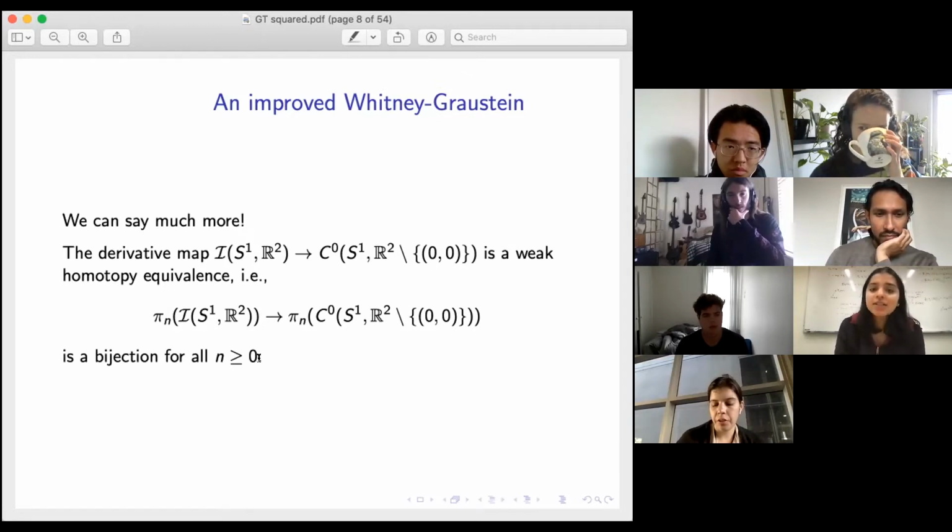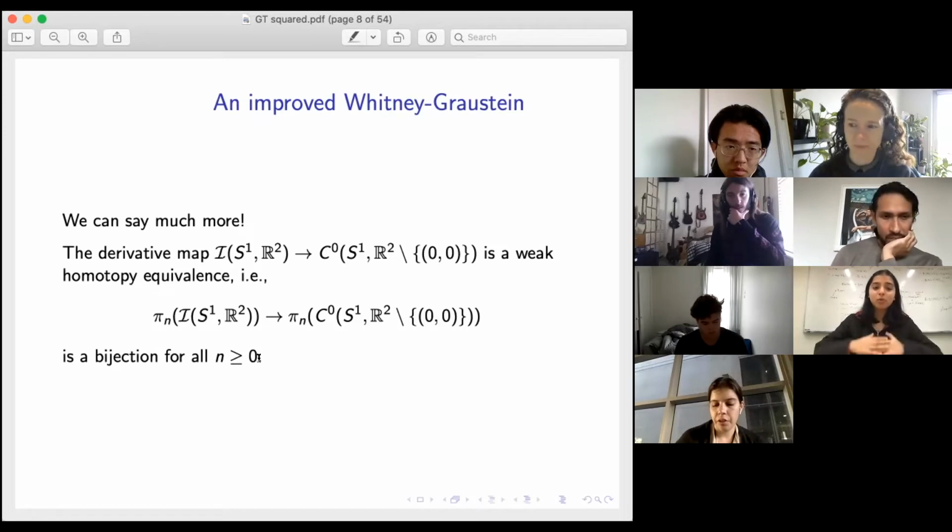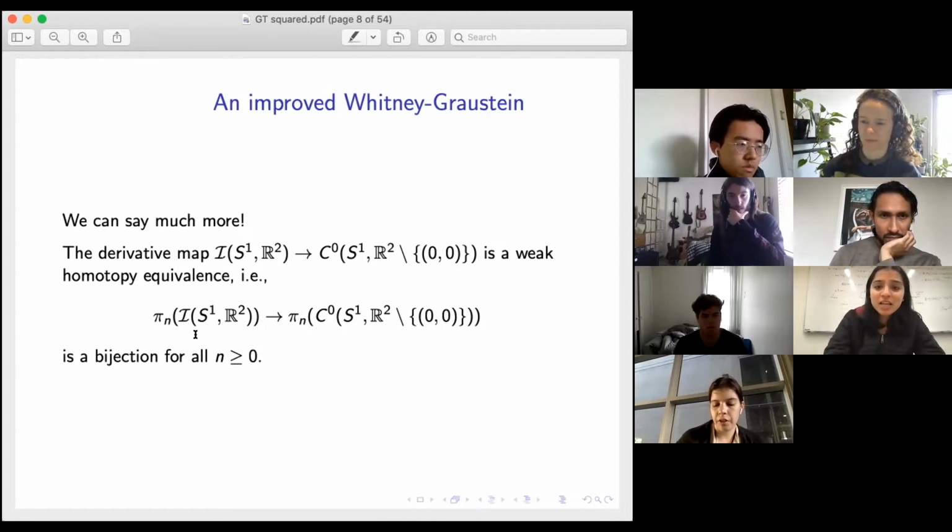But actually, it's a weak homotopy equivalence. So really, it induces a bijection of all homotopy groups, the fundamental group and all higher homotopy groups. So loosely speaking, the space of immersions and the space of loops in the punctured plane have the same rough shape.